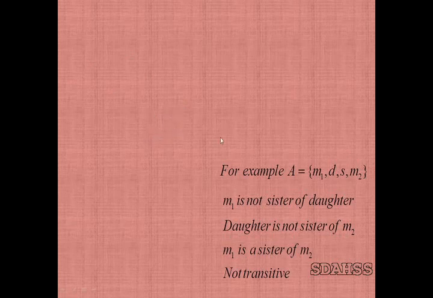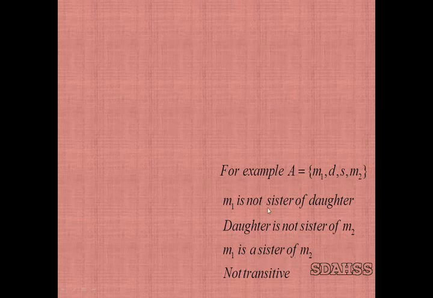Then transitive. For transitive, let us consider mother 1, daughter, sister and mother 2. So here mother 1 is not a sister of daughter. Daughter is not a sister of mother 2, but M1 is a sister of M2.